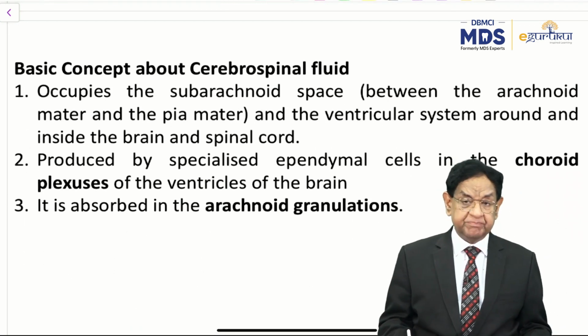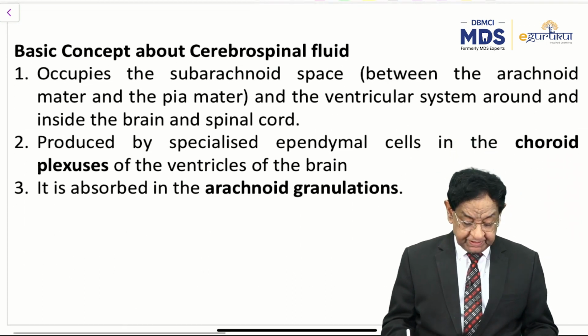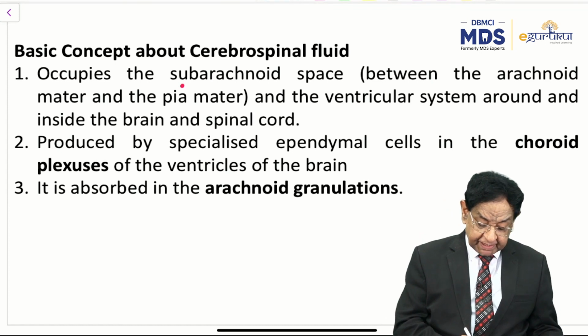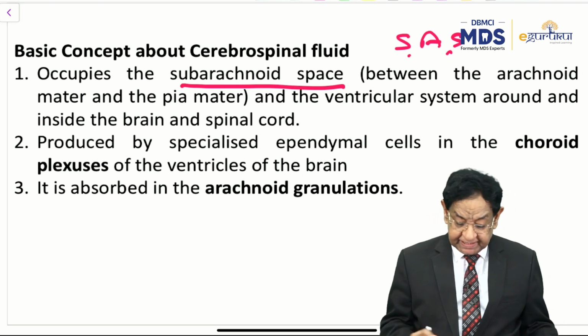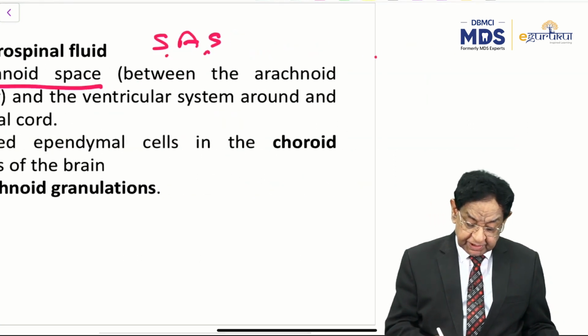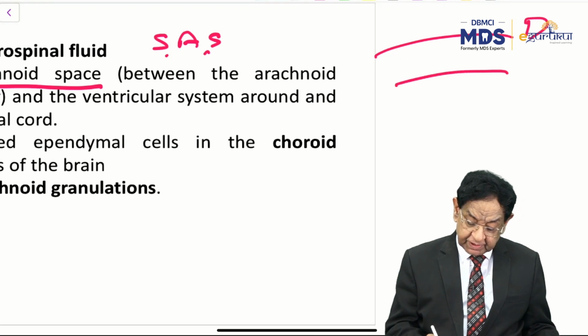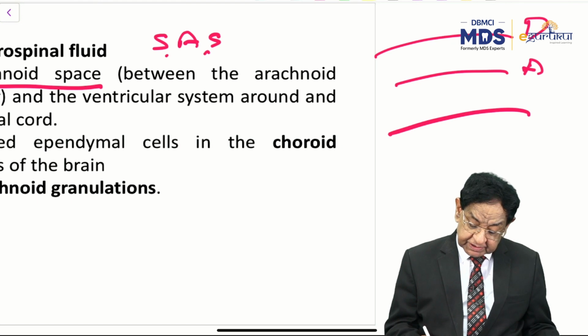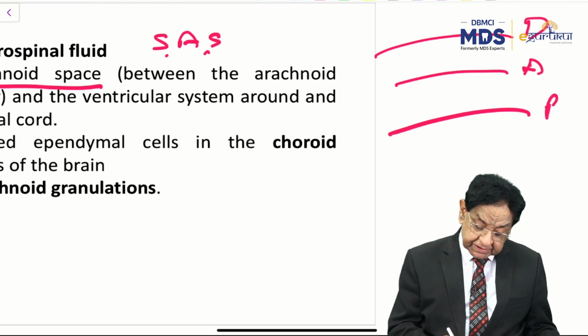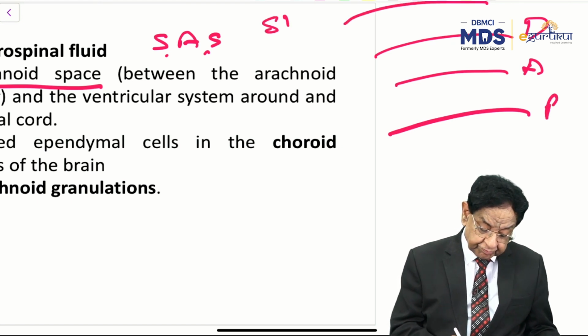Now let's talk something basic about CSF. It occupies the subarachnoid space, what they write in short as SAS. And this is the dura mater, this is the arachnoid mater, this is the pia mater, this is the skull bone.